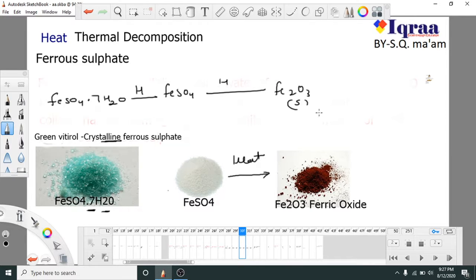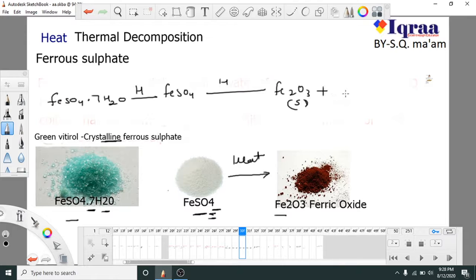You can see so many questions in previous papers, and this question was asked many times: which state is present after heating of ferrous sulfate, or the state of ferric oxide, or state of ferrous sulfate hydrated, or ferrous sulfate anhydrated. We can say anhydrated because water is removed. So you have to learn each and every point specifically about the state. State means which substance is solid, which is gas, which is liquid.